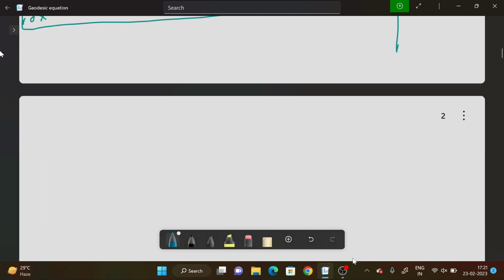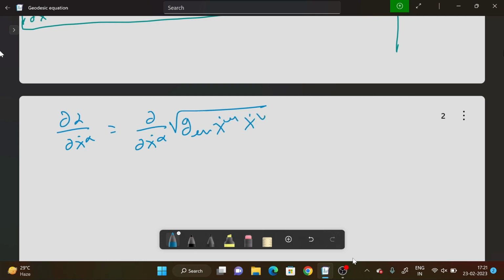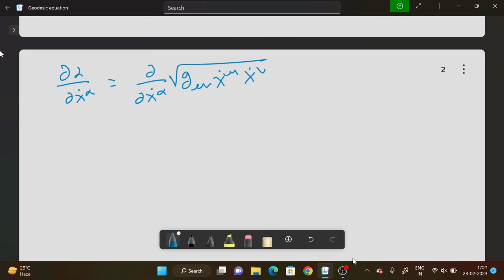Now in a very similar way, let us try to get this derivative. This is going to be a derivative with respect to x dot alpha of our Lagrangian, which is the square root of g mu nu x dot mu x dot nu. At first it would be a simple derivative, which would be equal to 1 upon 2 times the square root of g mu nu x dot mu x dot nu, and for the chain rule we'll have to use the product rule inside this.